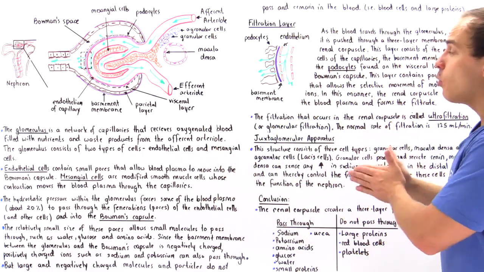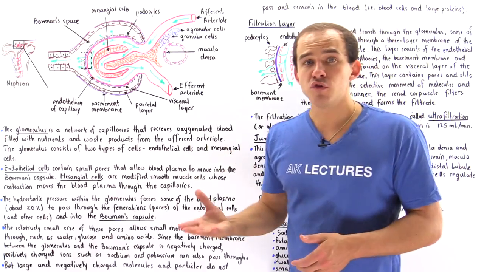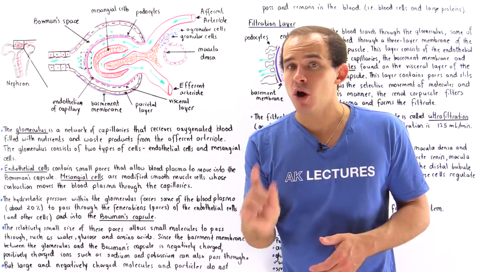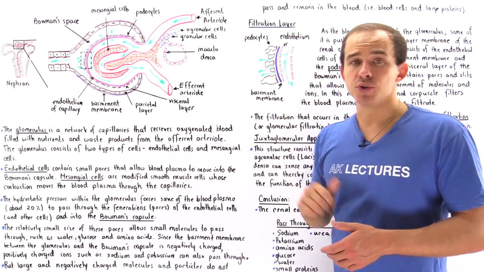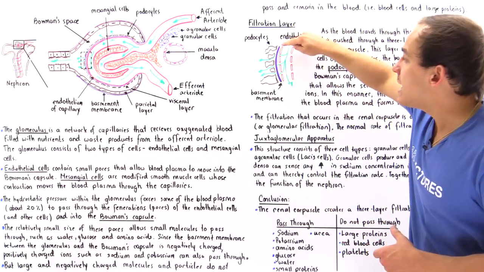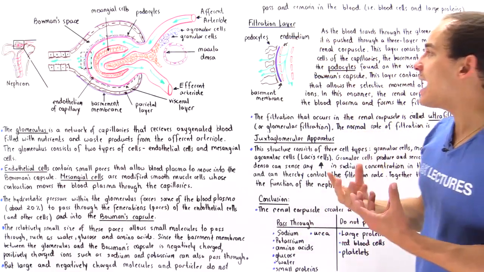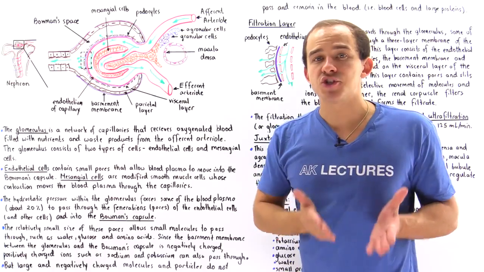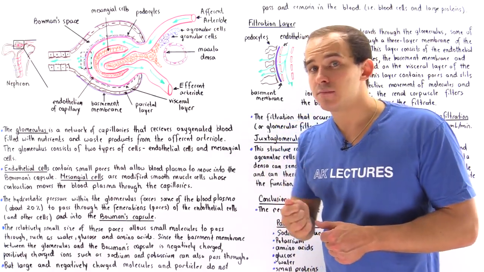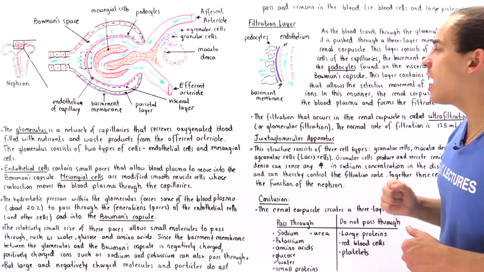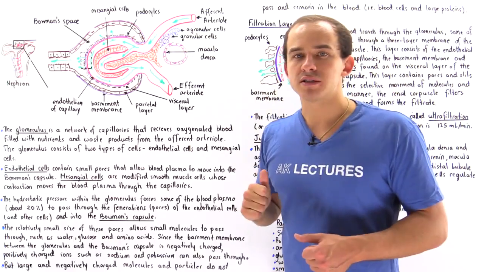And these tiny pores and slits allow the movement of only relatively small particles and molecules across our membrane. And this basement membrane contains an overall negative charge, and it basically allows the movement of positively charged ions and molecules across the membrane.